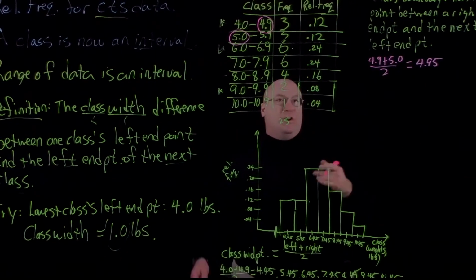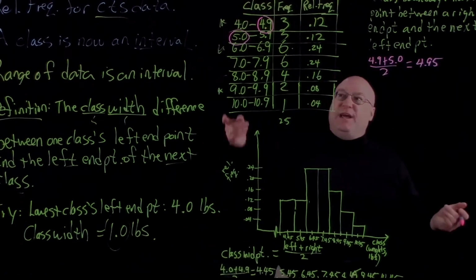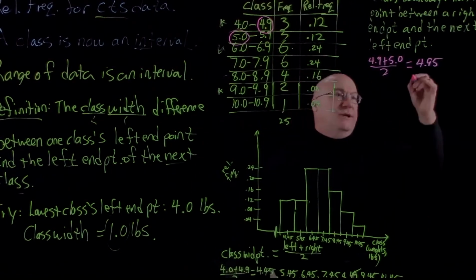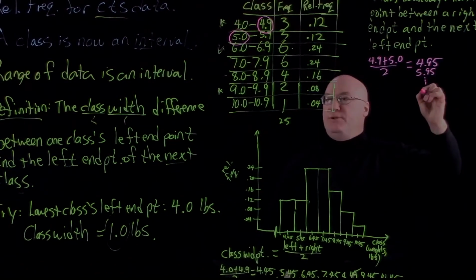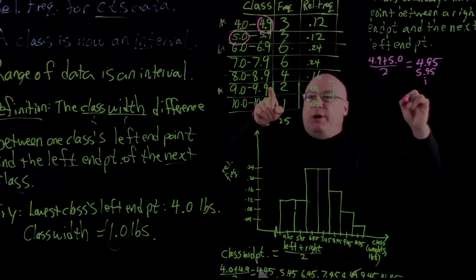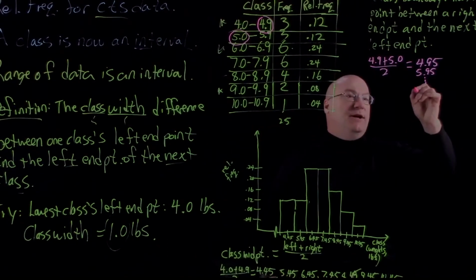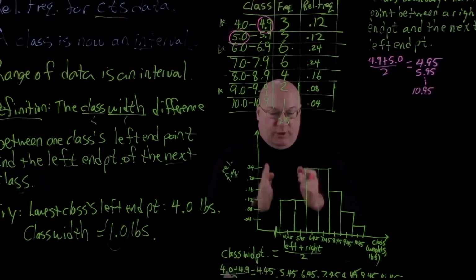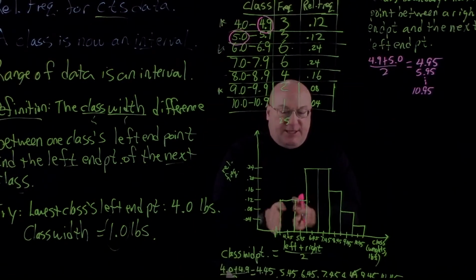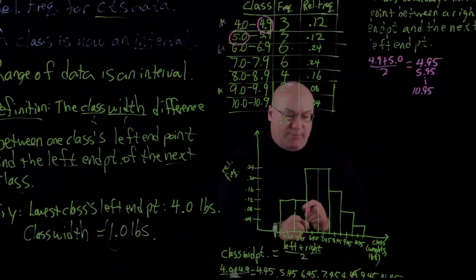Okay? Well, now I can just add the class width and get all the other class boundaries. So I get 5.95, etc., all the way up to 9.95, and actually there's one there. There's 10.95. What I'm doing is figuring out the sides of my bars, right? The exact halfway points here.